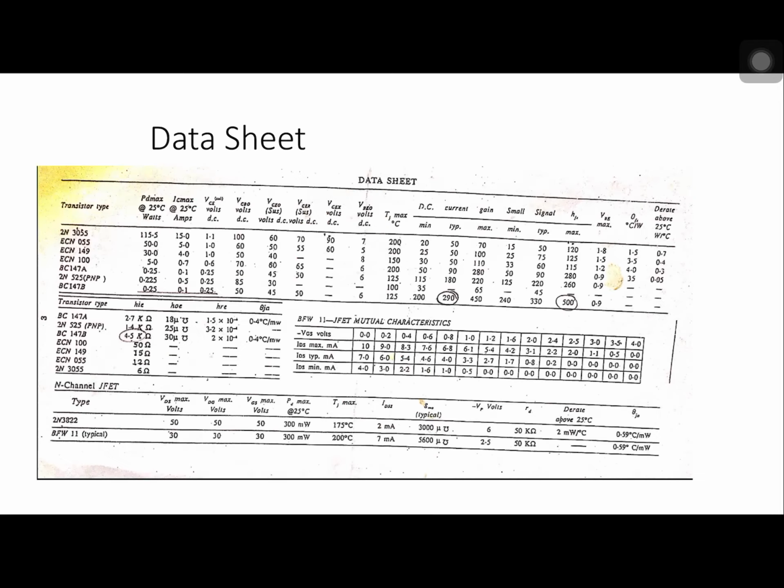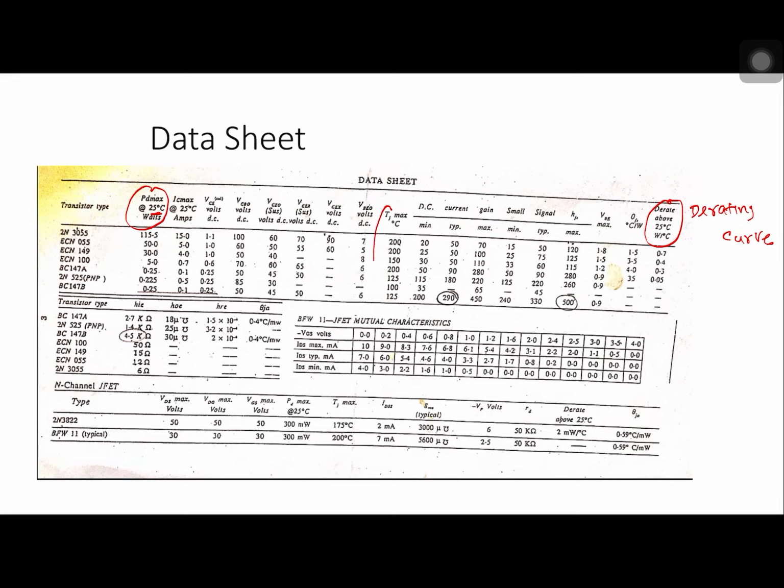Now when you look at the data sheet for any given transistor, you will find PD max in the data sheet at 25 degrees Celsius, and beyond 25 degrees Celsius they specify how it derates, through something called a derating curve. This signifies the derating curve. We'll go to that topic next.